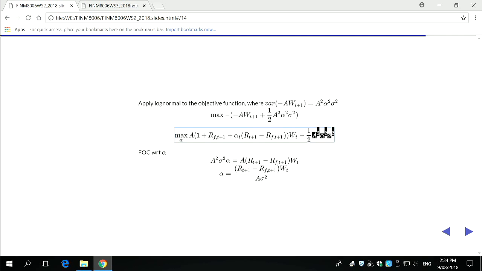So it becomes A square sigma square times alpha. Okay, so that's our first order condition. Because this is minus equal to 0, I just change the terms. That's the equation, right? Once you get this first order condition, it's simple algebra. You can solve for alpha.